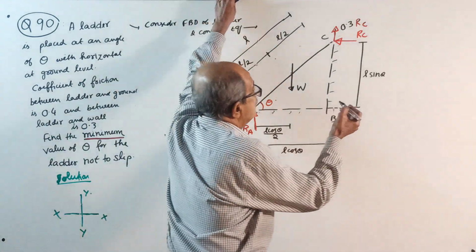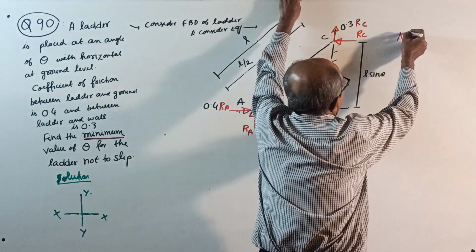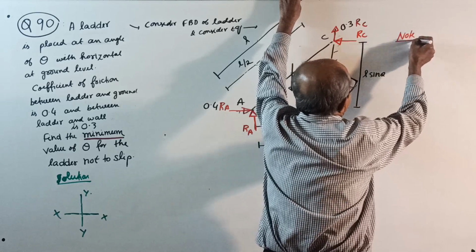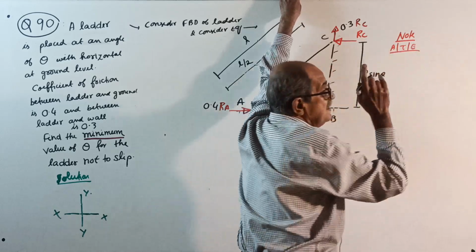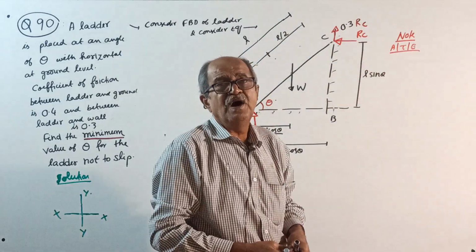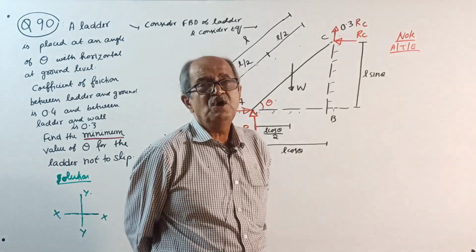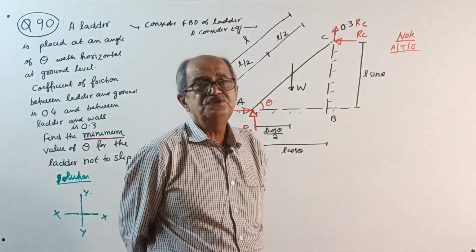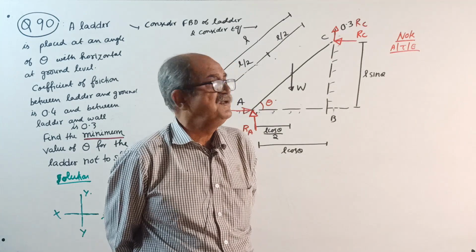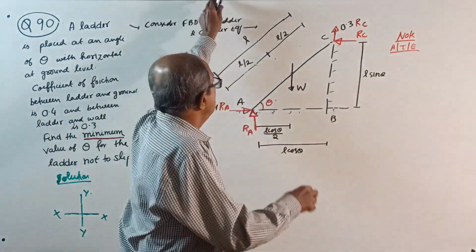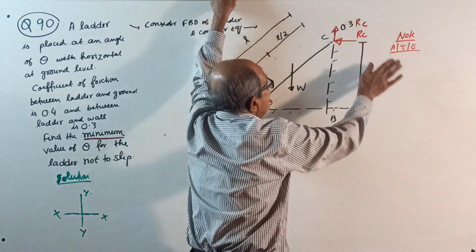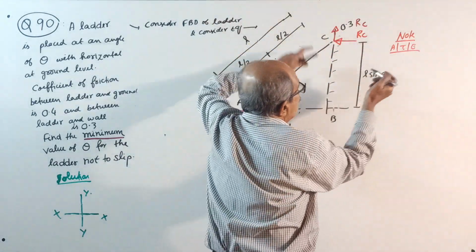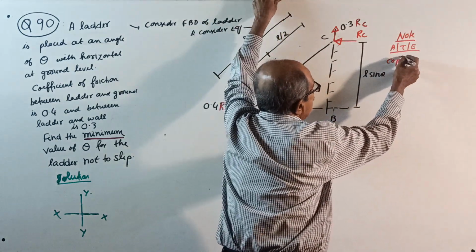Now make a note here. I already told earlier, in the friction chapter so far, we are considering only concurrent force system. So sigma Fx = 0, sigma Fy = 0, but this is a coplanar force system.